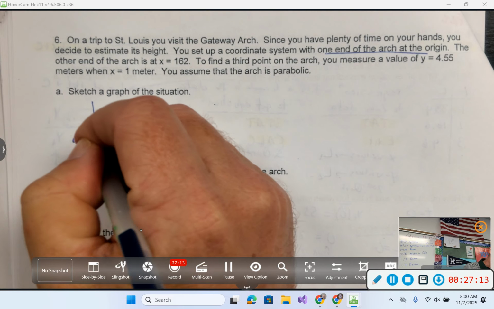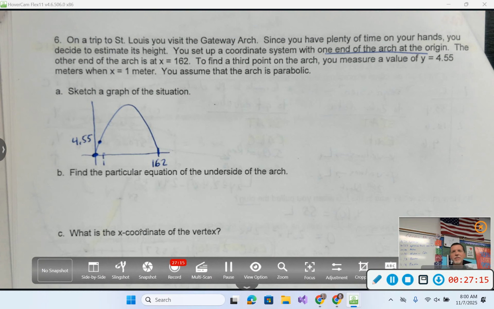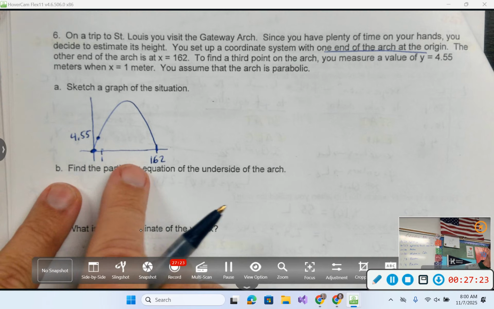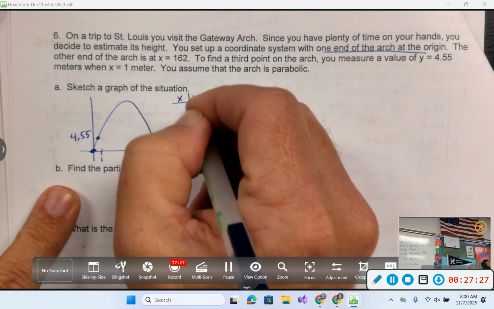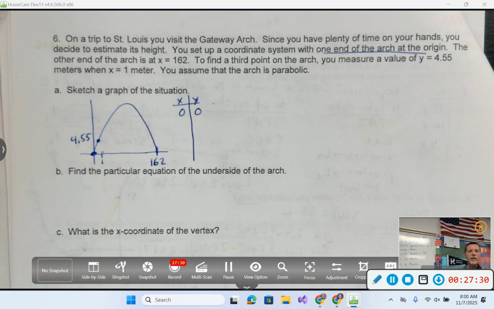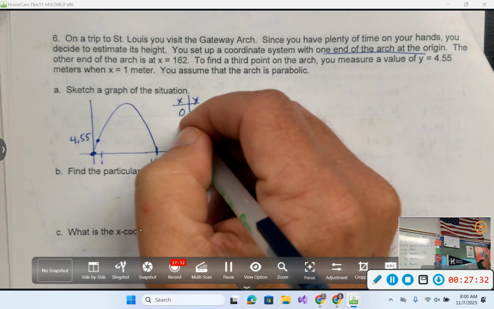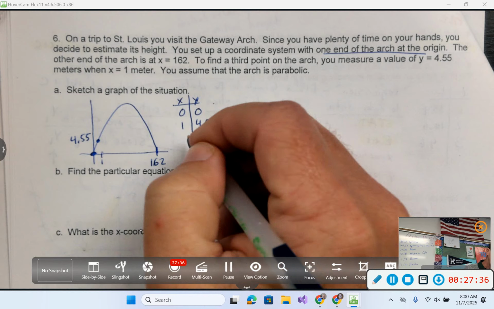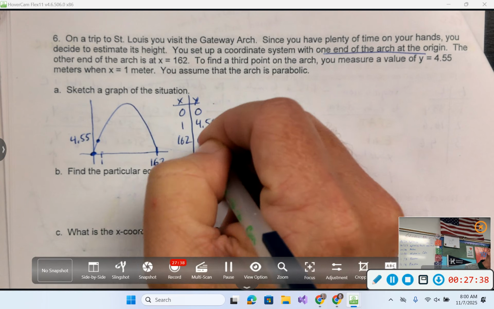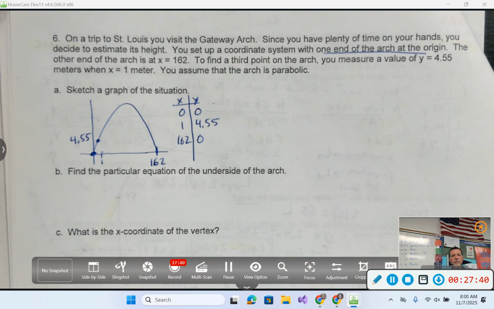You tell me, does that seem like it would be the vertex? Oh, no, wait, no. Absolutely not. What that did was give me 3 points. It didn't really say it quite like that, but 0, 0 is on the graph. 1, 4.55 is on the graph. And then 162, 0 is on the graph.